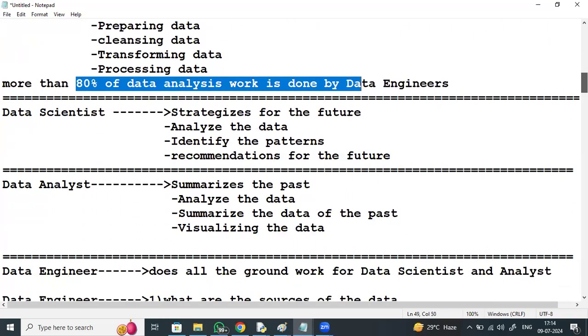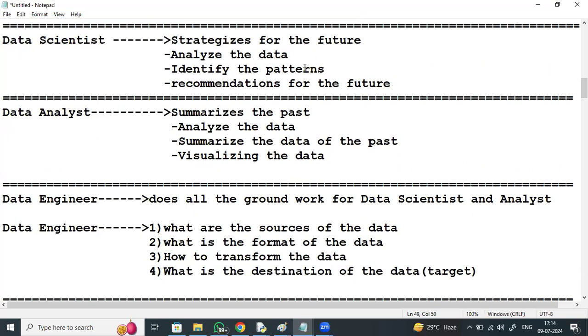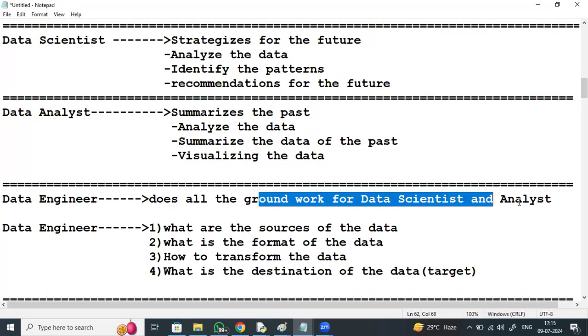Data scientists strategize for the future: they analyze the data, identify patterns, and make recommendations. The data analyst summarizes the past data and visualizes it. The data engineer does all the groundwork for the data scientist and data analyst.